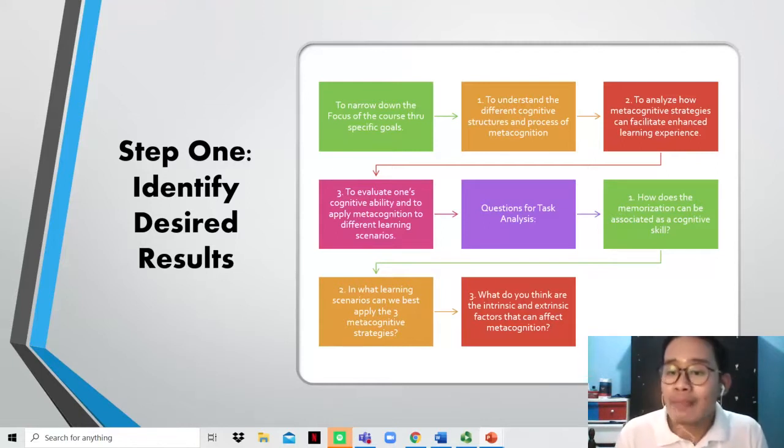Number one, how can memorization be associated as a cognitive skill? Two, in what learning scenarios can we best apply the three metacognitive strategies, which are planning, monitoring, and reviewing? Three, what do you think are the intrinsic and extrinsic factors that can affect metacognition?